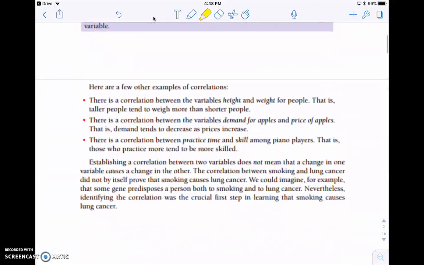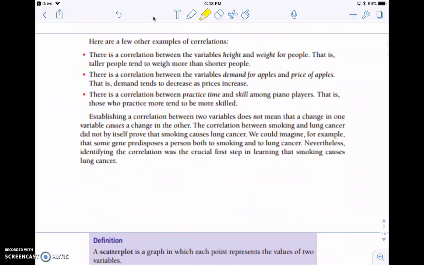Now here's a couple other examples of correlation. Height and weight for people. There is a trend that the taller the person is, the more weight they'll have, so they'll weigh more than a shorter person. It's not always a given, but there's definitely a correlation when you look at those two variables, height and weight.